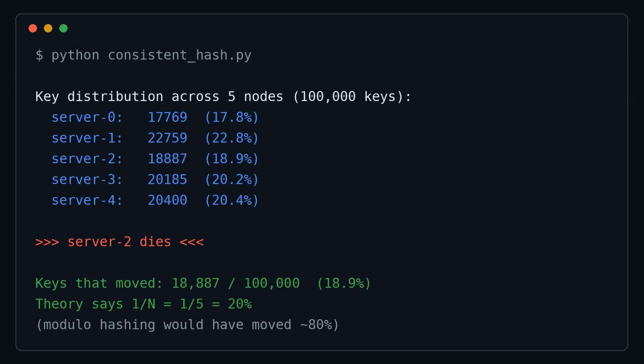Now we kill server 2. 18,887 keys moved. 18.9%, 1 over n, exactly what the ring predicted. With modulo hashing, that number would have been 80%.